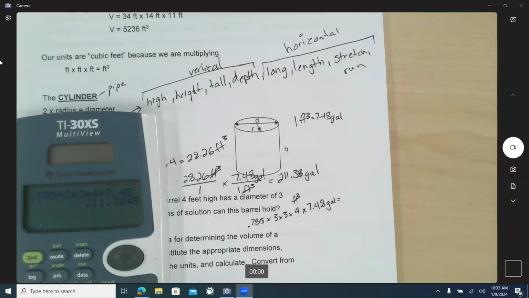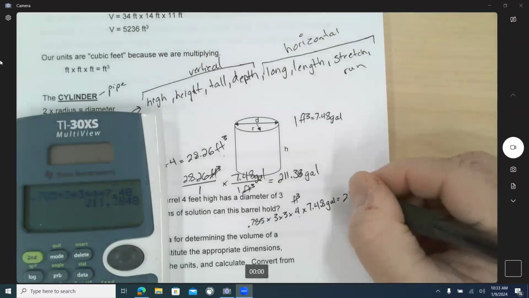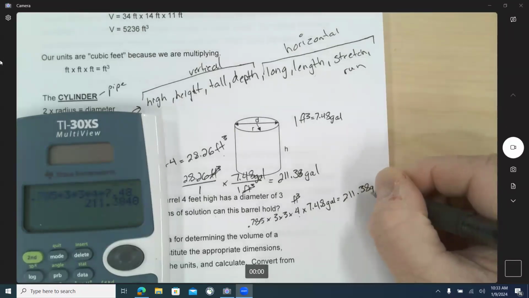When it comes to volumes, if the question's asking you for gallons up front, you can do it because you got to find the volume anyway. You can then put in the conversion factor and auto convert it to gallons in one step. Look, I got the same answer. It's not like I changed anything.